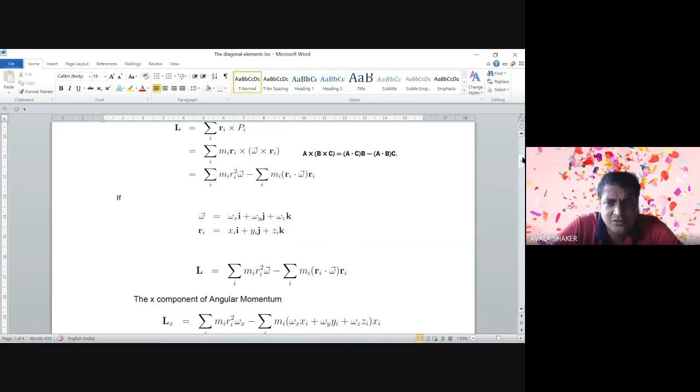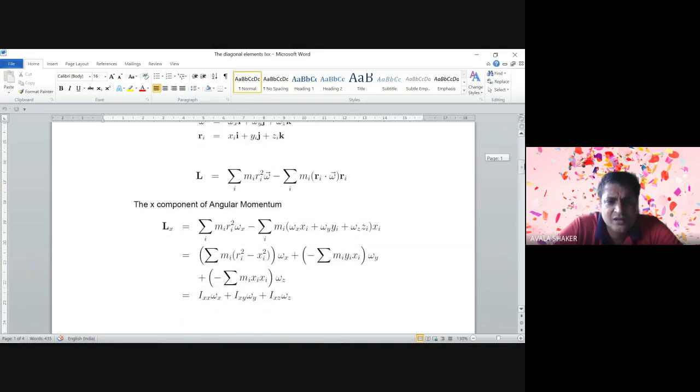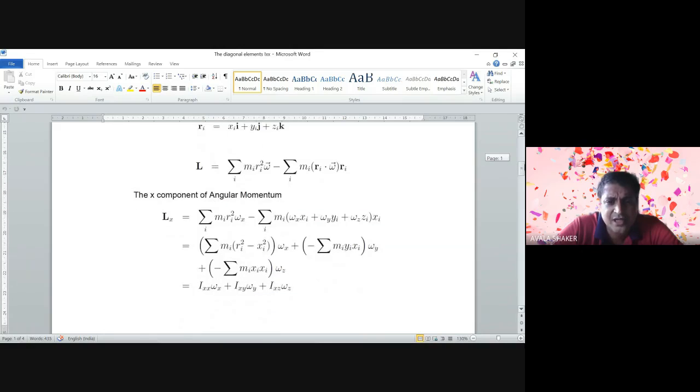So let's substitute that into this. Okay, so if you substitute that into this, yeah, so let us go component wise. So let's just take only the x component of it.